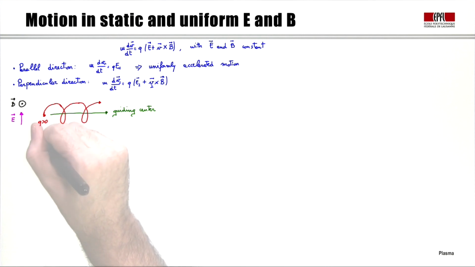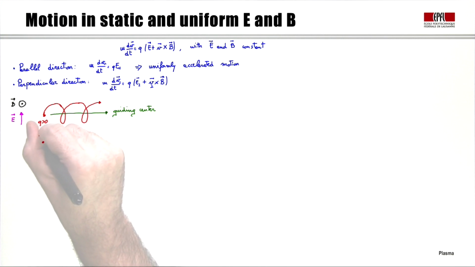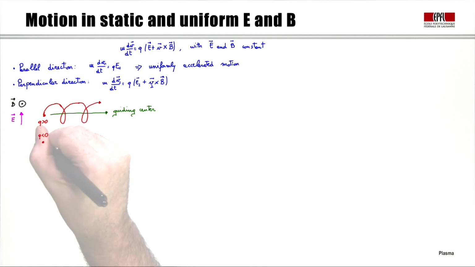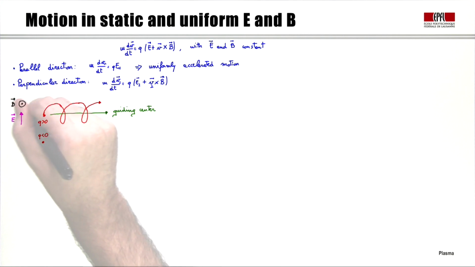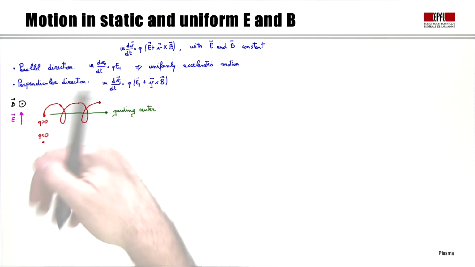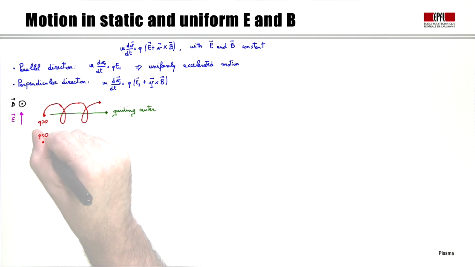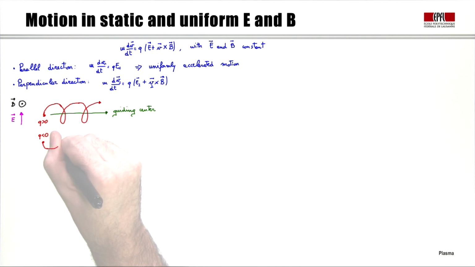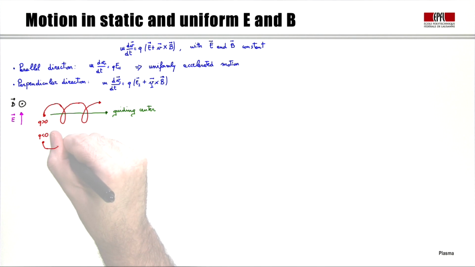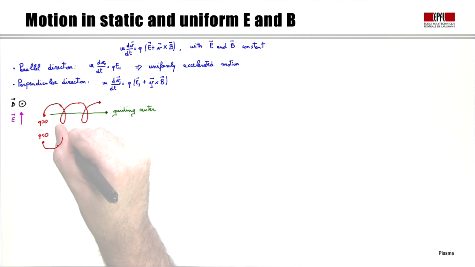Let's take the case of a negatively charged particle that is initially at rest. Well, the particle will be accelerated by the electric field, this time downwards, because the particle is charged negatively. And then the particle will be subject to the magnetic field. It will gyrate with a certain Larmor radius, and because of the gyration, will continue to move in this direction.